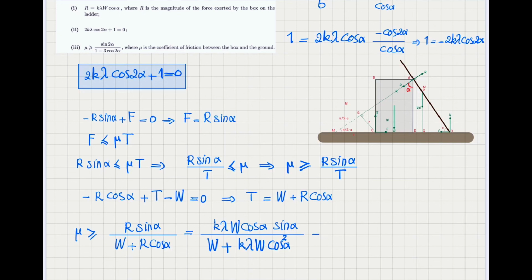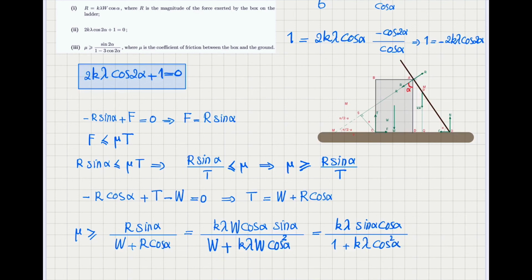Now you can immediately see that in the denominator I can factor a w out, and this w and that w will be cancelled. So then it becomes k lambda sine alpha cosine alpha divided by 1 plus k lambda cosine squared alpha.